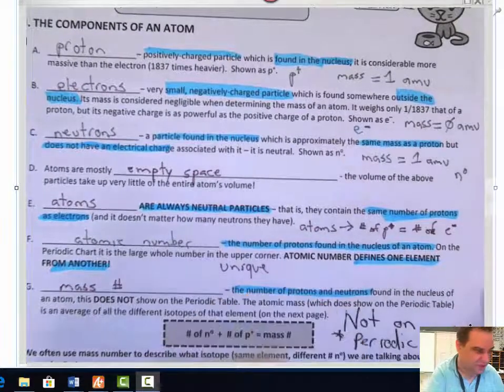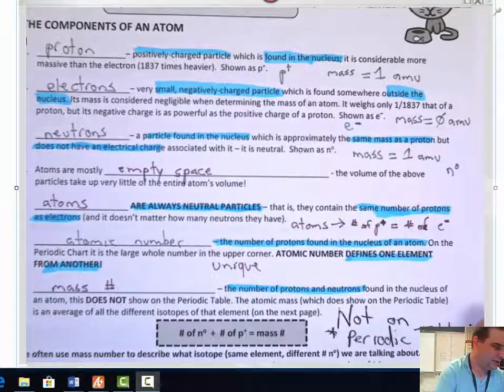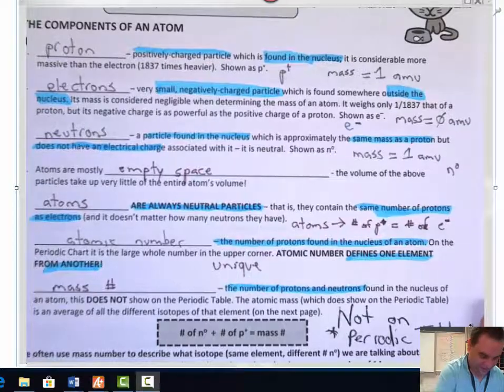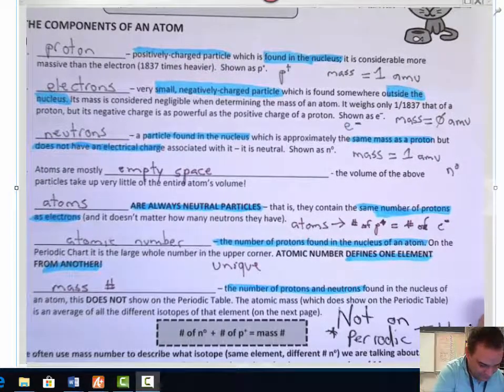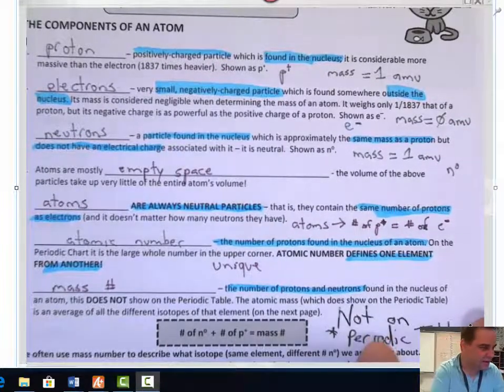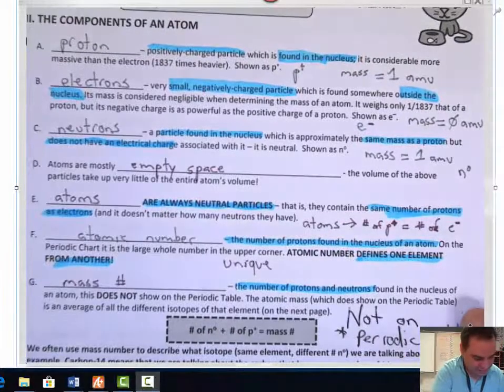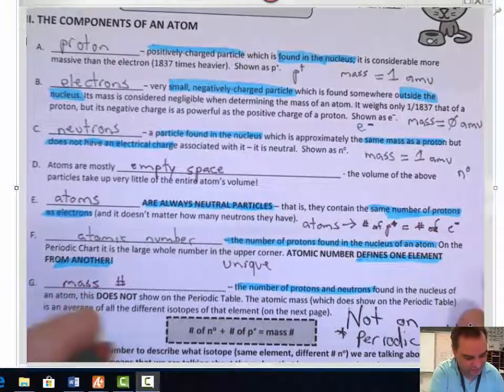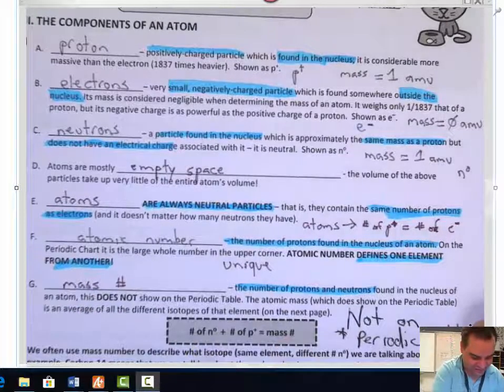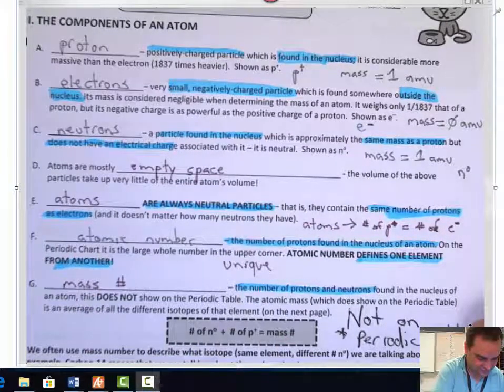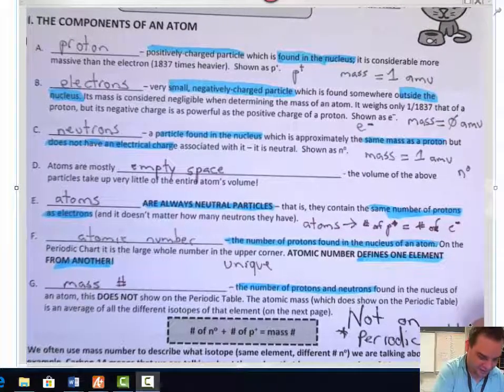You have to have a special periodic table to have one with the mass numbers. They're very hard to find. You do not have one. This is the sum of protons and neutrons. What is actually on the periodic table is the average atomic mass, which we'll go over on the next page.